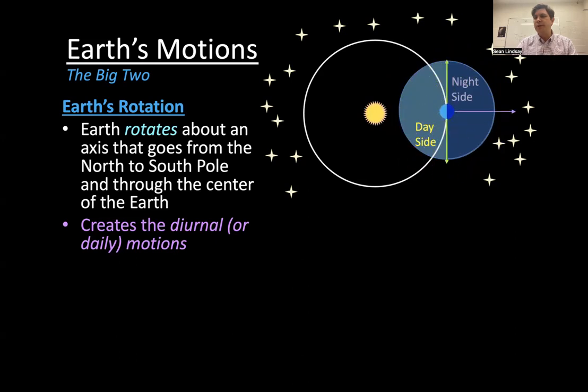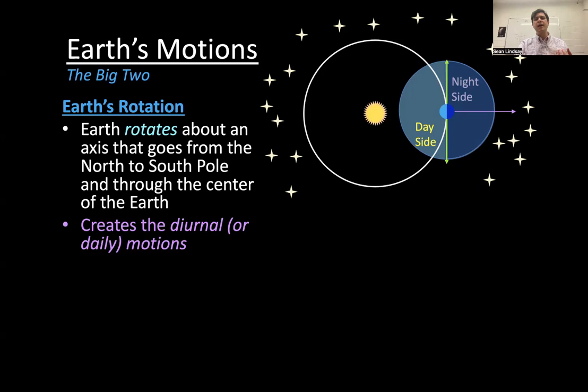The green line is representing our horizon. This purple line is pointing towards your local zenith. You can also think about it as your meridian here. So as we rotate around and around, what is above our horizon, on the purple side of the line, is constantly changing. That's going to cause the daily rising of the sun, the daily rising of the stars, the daily setting of the sun, the daily setting of the stars.